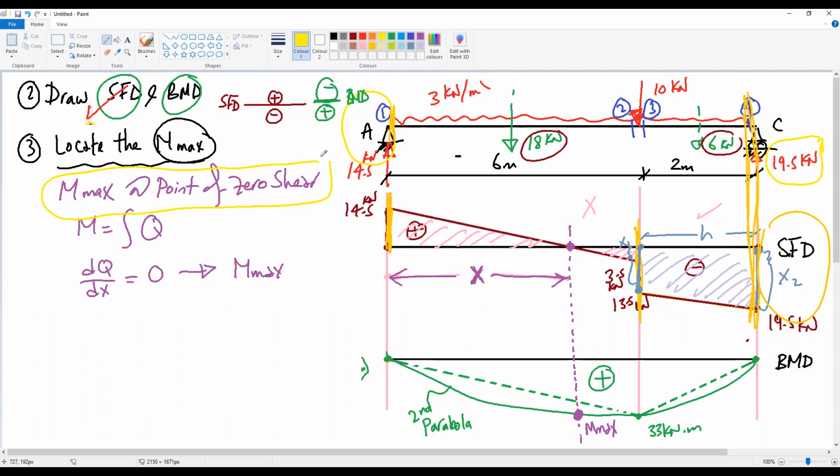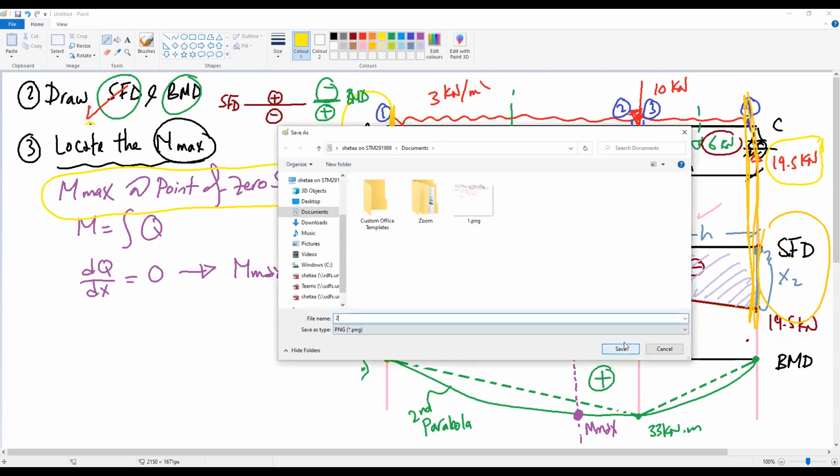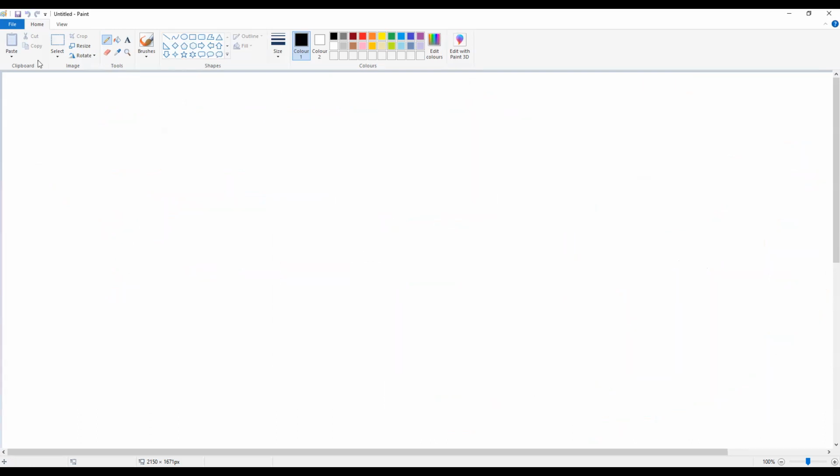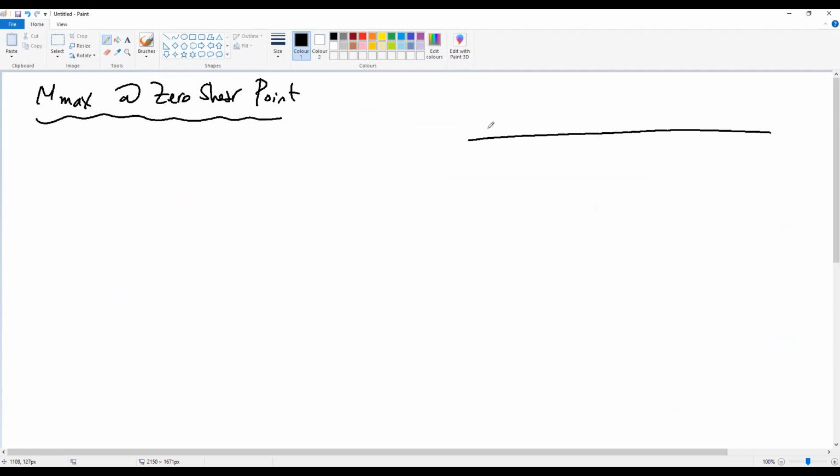Okay, how can we do this part? To do this part, I will open another page. To get Mmax, we have to get the zero shear point. If we go to the drawing, this is our beam.